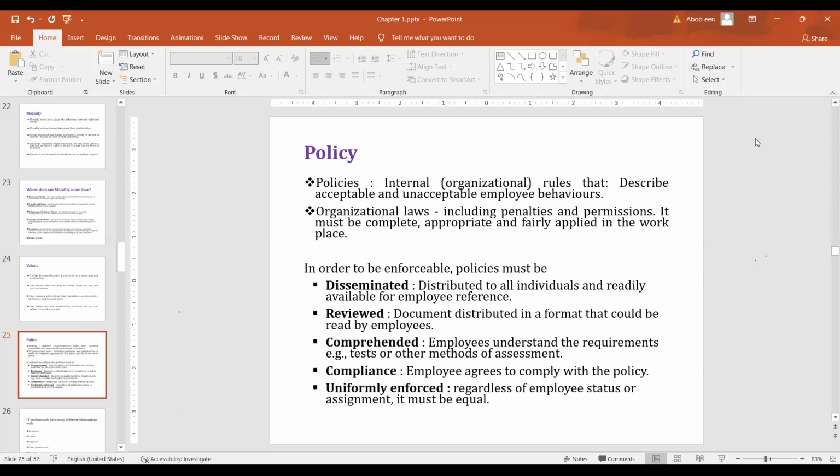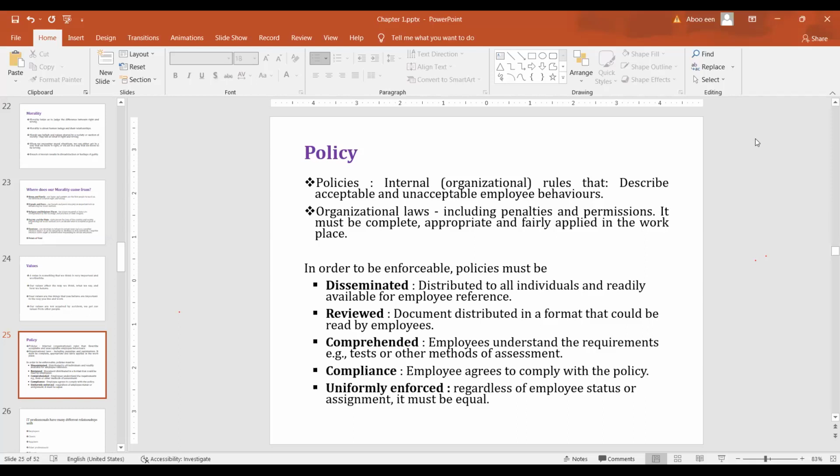Reviewed. The document is distributed in a format that can be read by employees. So the policies must be available, and employees must be able to read and understand them.